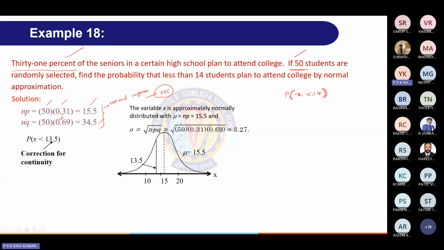Because it is continuous, generally people prefer to go for the continuity correction. So here, instead of this, we can take it as 13.5. Is it justified? Actually, this is what we require. Instead, if I take this, is it justified, or any comment on this?